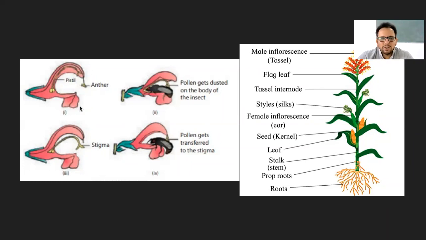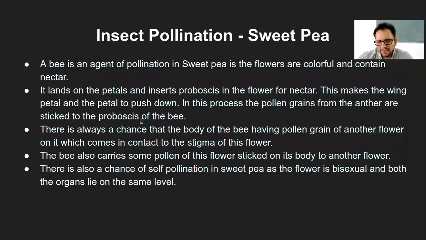It can be attached to different parts depending on the flower arrangement. In this case, the flower arrangement is shown differently, where the anthers are separately attached at the tip of the flower. But if the anthers are here where the pistil name is shown, then the proboscis will carry some of the anther along with the whole body part.